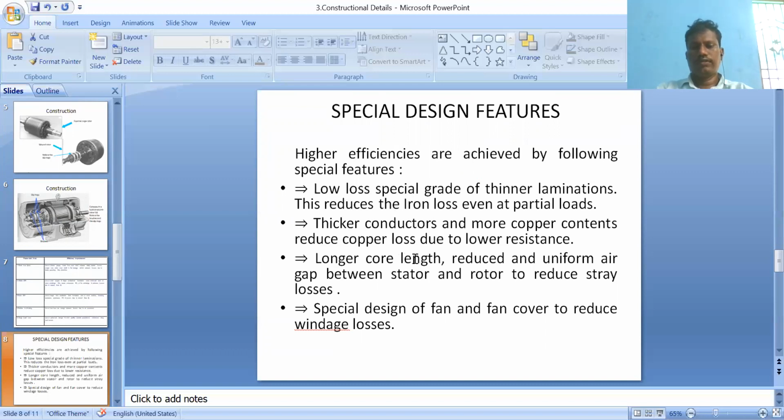A longer core length and a uniform air gap between stator and rotor reduce stray load losses. A special design of fan and fan cover reduces windage losses.